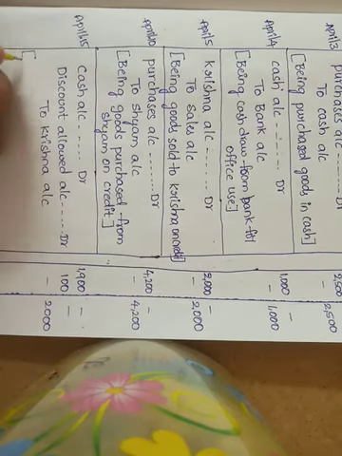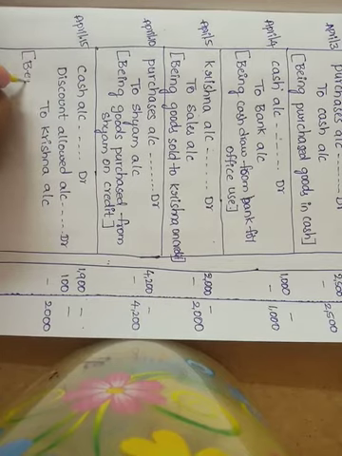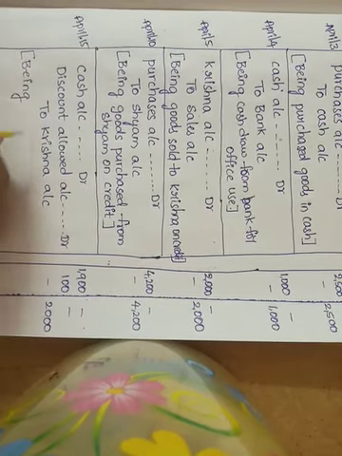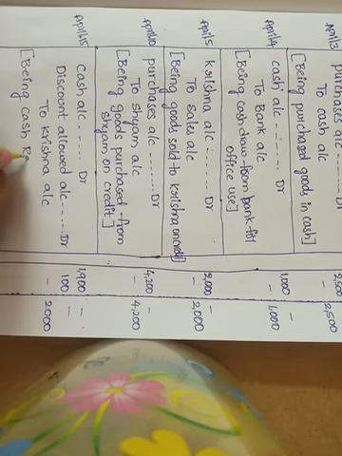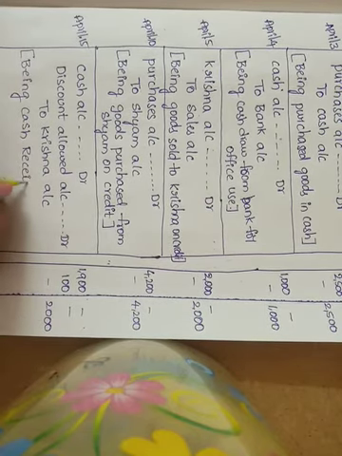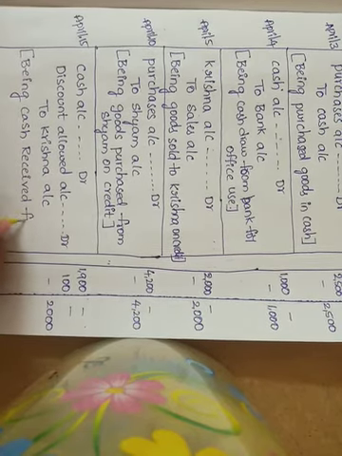So narration is being cash received from Krishna.